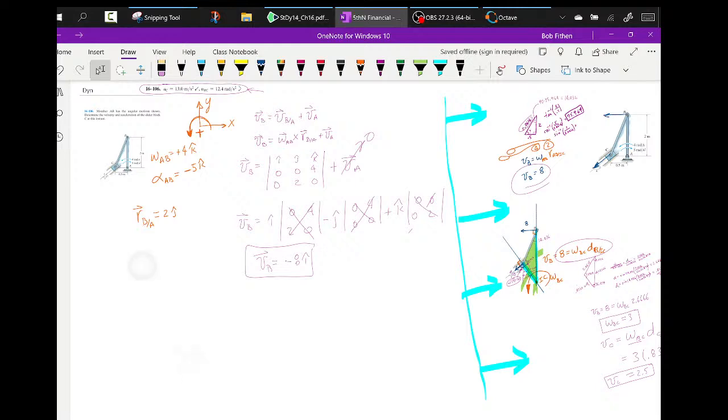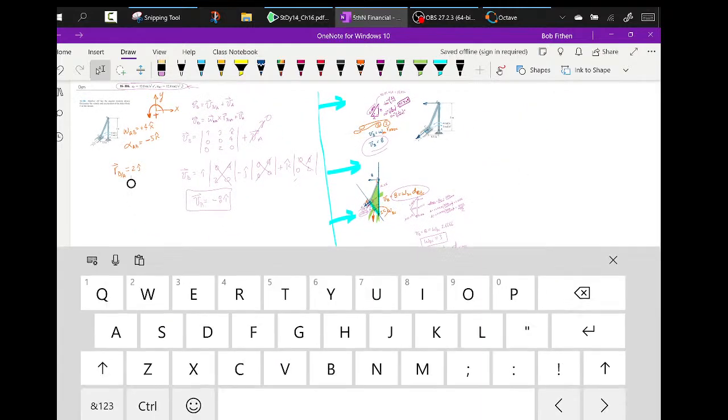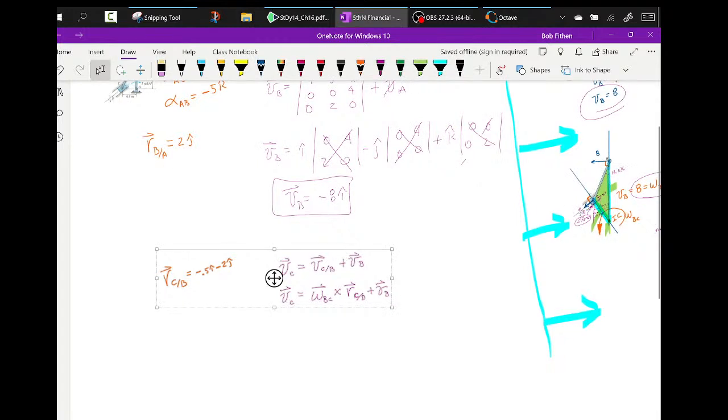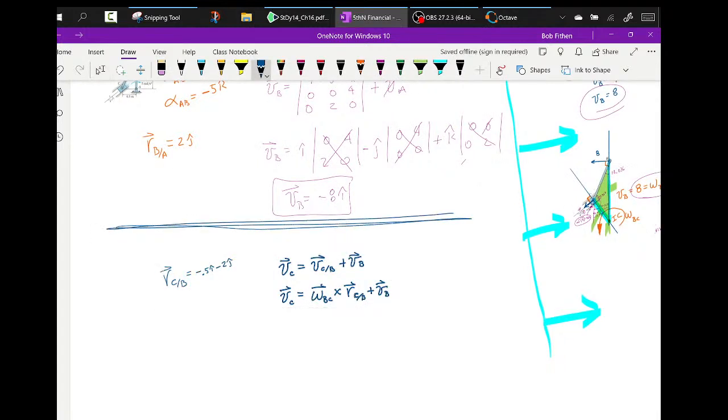Now, didn't need that much room to solve this. So now I'm going to draw this thing back up here. And say to myself, okay, now I'm doing the second phase of this. I changed the pen, so velocity of C is equal to I, J, K. I do not know the omega BC.